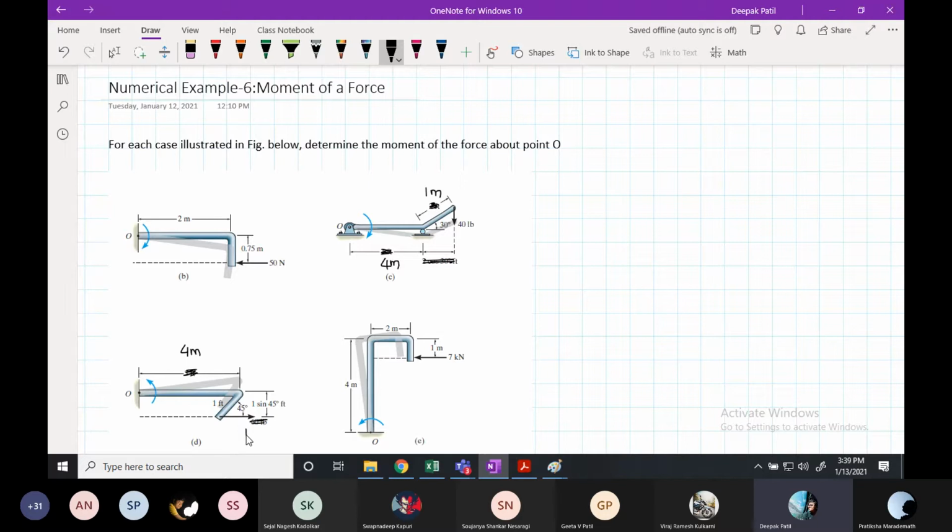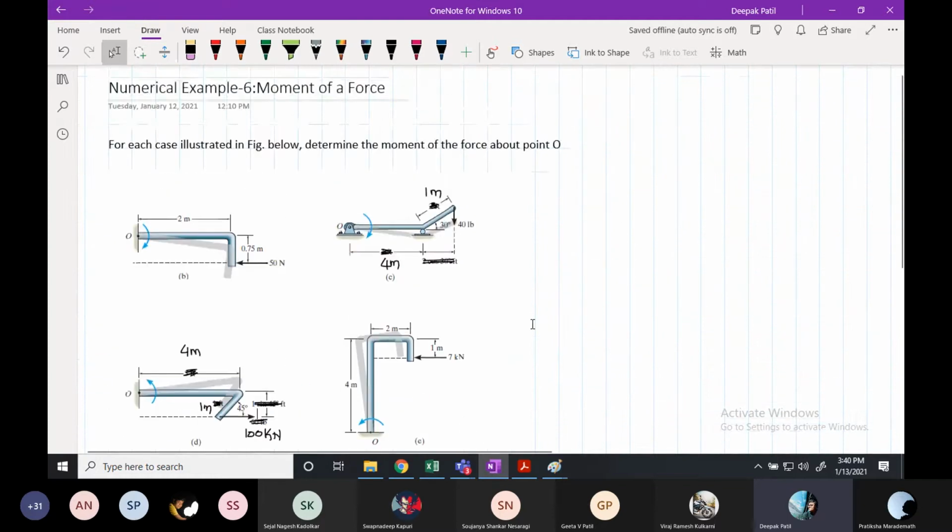Let me take this as say 100 kilonewtons. And this inclined length is say 1 meter. This will not come into the picture, right? We'll see each case one by one.